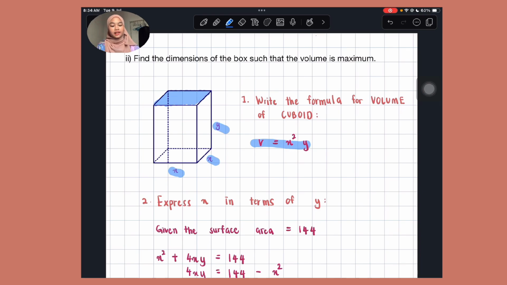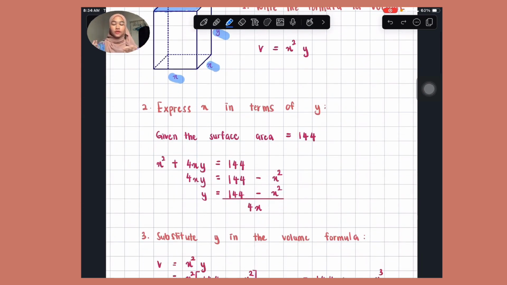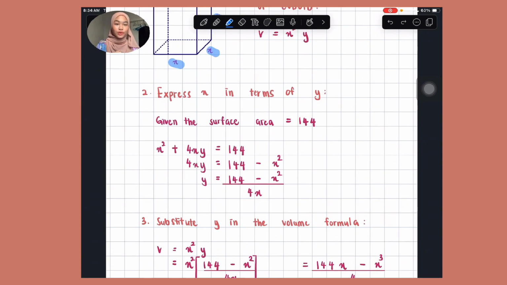Then the second step is to express y in terms of x. Given the surface area equals 144, we write the area for the cuboid. So we will get x squared plus 4xy equals 144.